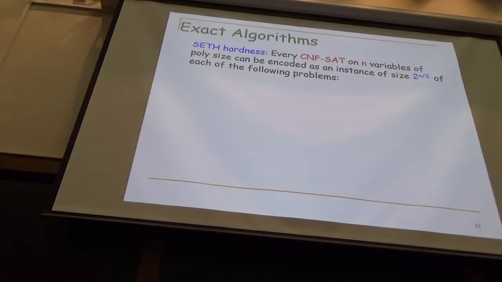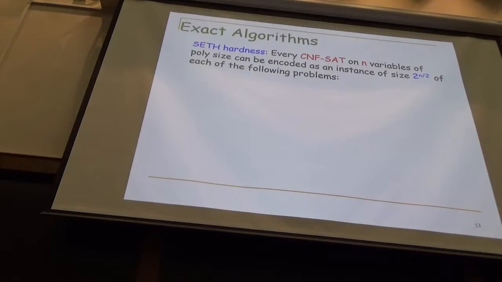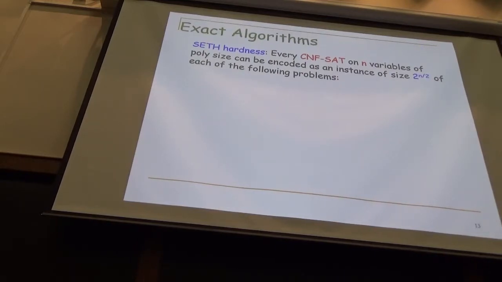So it's a reduction. What it says is you can take CNF SAT and, let's say, edit distance, and we're going to encode your CNF SAT problem as an edit distance problem. But unlike the usual NP-completeness encodings, where the encoding is polynomial in the size of the original problem, here the encoding size will be exponential in the original problem. That'll be 2 to the n over 2.